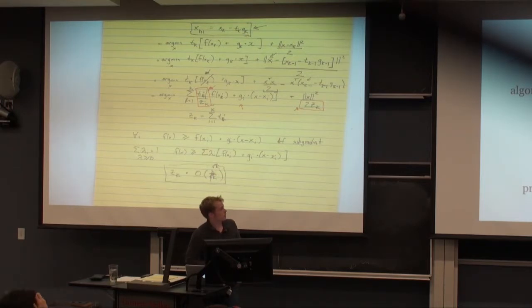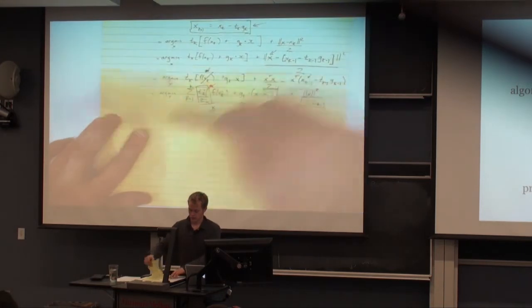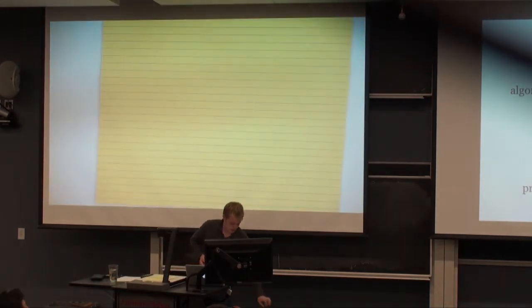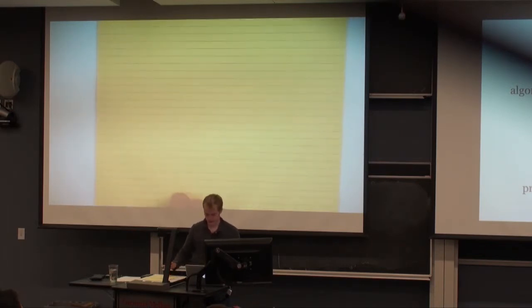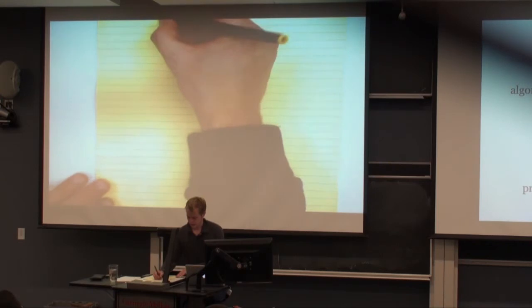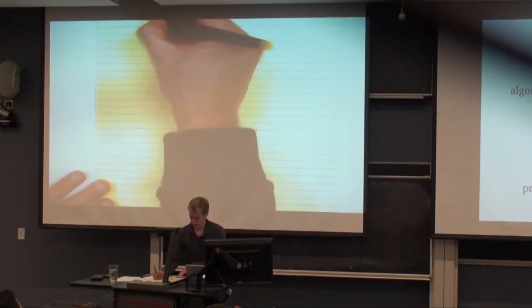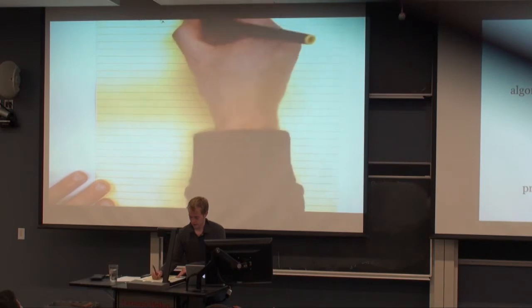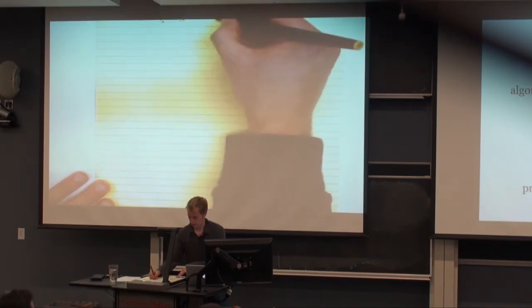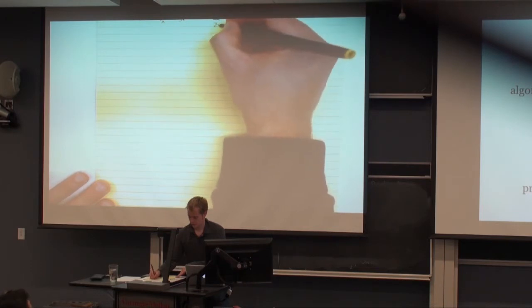So here's what the algorithm looks like if you run it as I've stated. This is pretty straightforward, but I'll write it out anyway. We wanted to find the argmin, so we said x t plus 1, with this g k hat plus mu k over 2k.